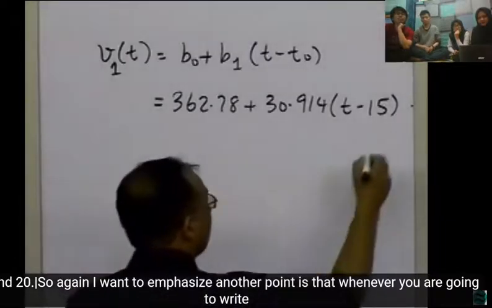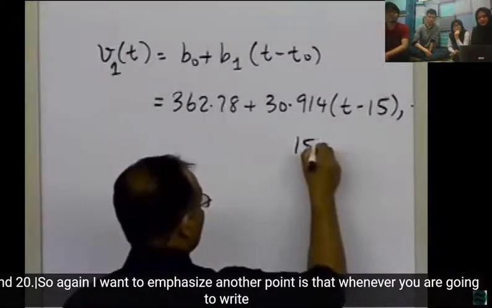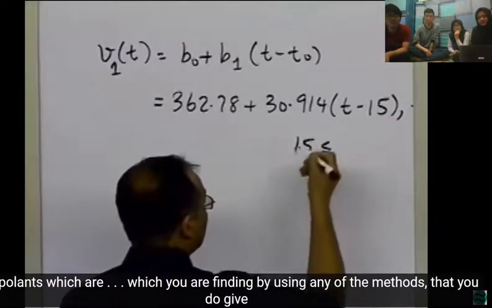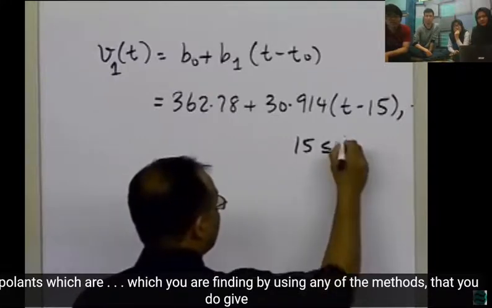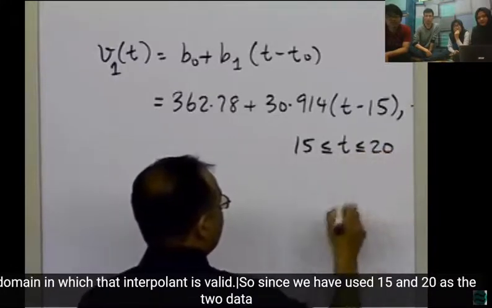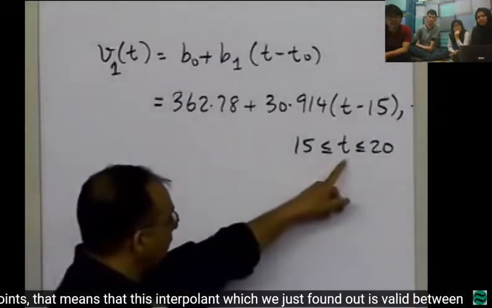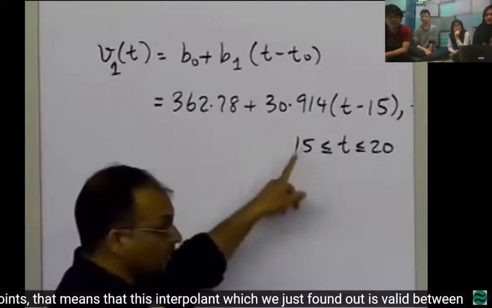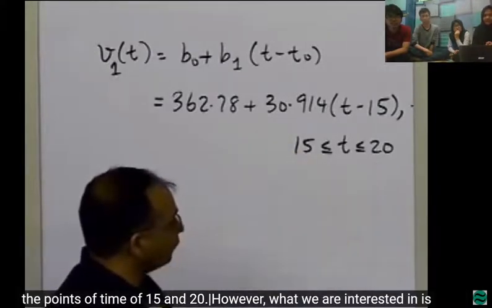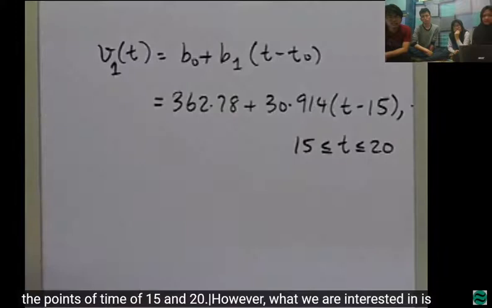Again, I want to emphasize another point: whenever you write interpolants which you are finding by using any of the methods, do give the domain in which that interpolant is valid. Since we have used 15 and 20 as the two data points, this interpolant is valid between the times of 15 and 20.